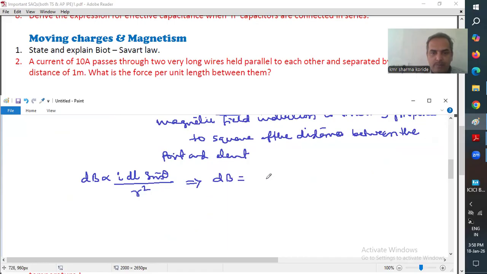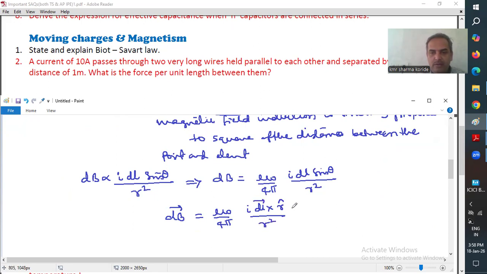On removal of proportionality, you will get mu naught by 4 pi I dl sin theta divided by r square. In vector form also you can express this, because the magnetic field at a given point is a vector quantity. dB is equal to mu naught by 4 pi I dl, unit vector we can write, divided by r square.